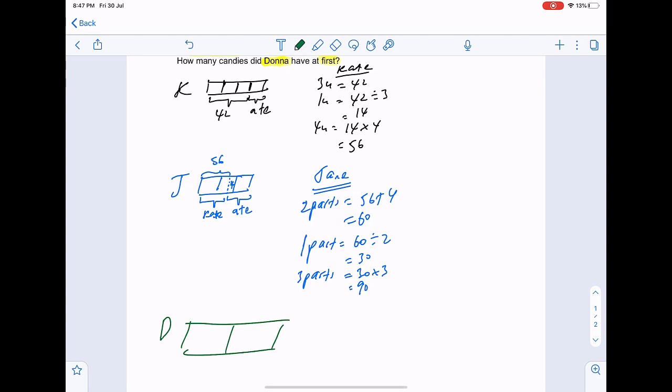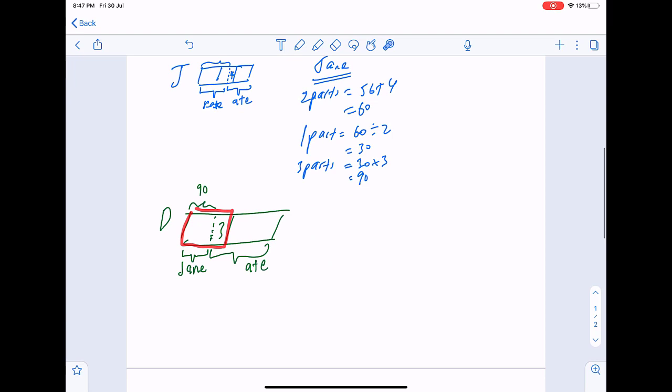For her, she ate half, so plus another 3. So this section here, she ate. And this section right here, she gave it to Jane. And Jane, we know that she had 90. So if you take 90 plus 3, you get 1 box for Donna.